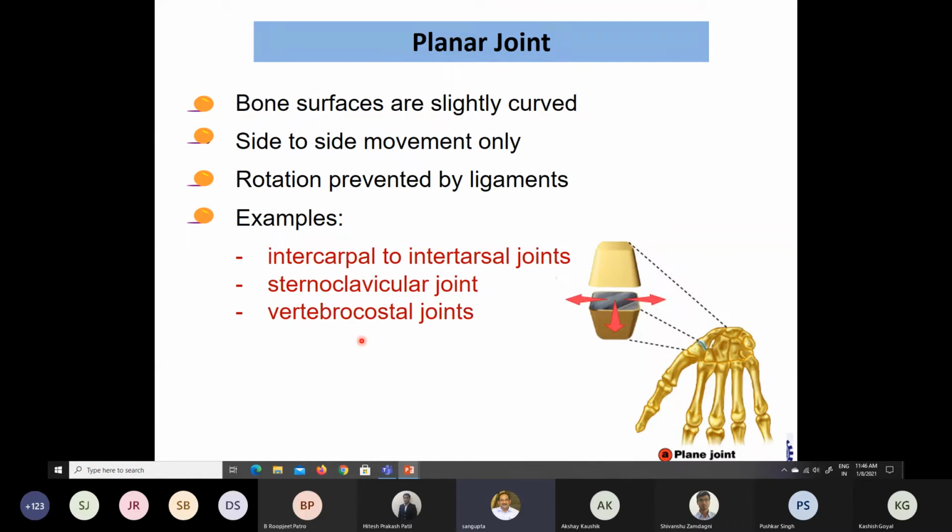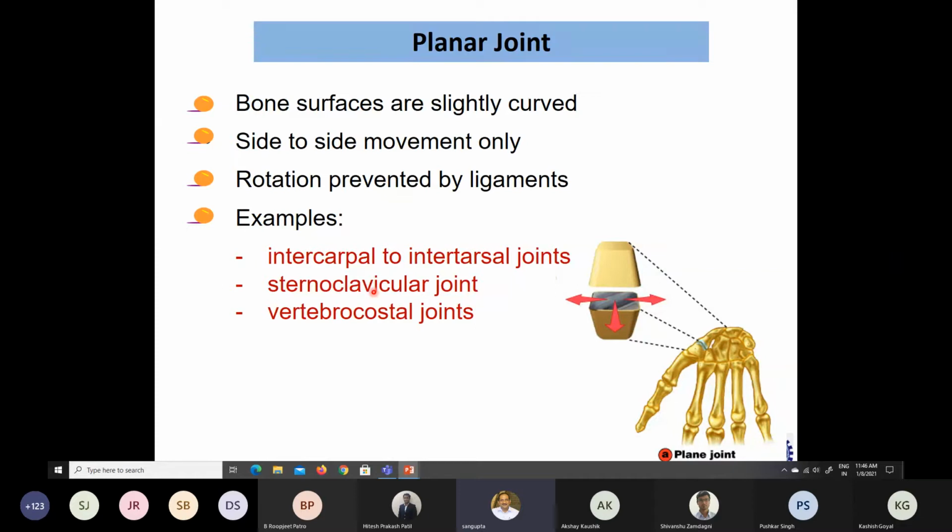Planar joint: most surfaces are slightly curved, side-to-side movements only, rotations prevented by ligaments. These are salient features of the planar joint. Examples of planar joints are intercarpal joints, mostly at the wrist and sometimes at some finger joints.